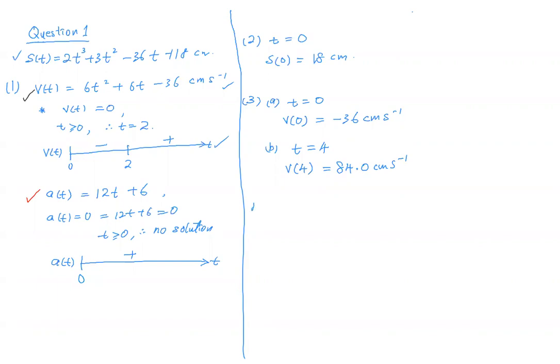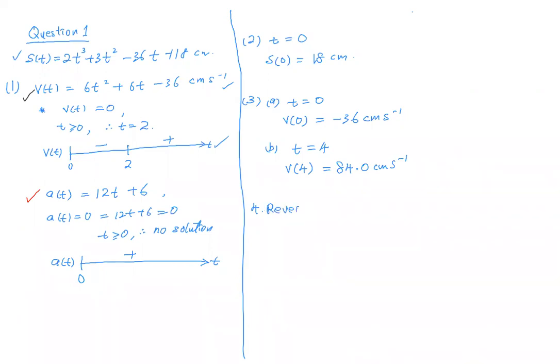Number 4. Can someone read the question number 4 to me? Find the time and the position when the object reverses direction. Yeah, so the keyword is reverse direction, correct?